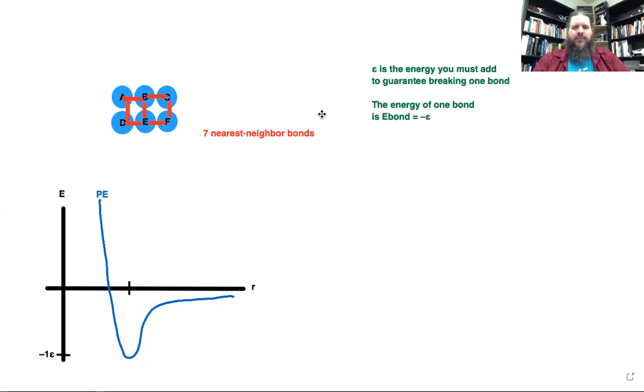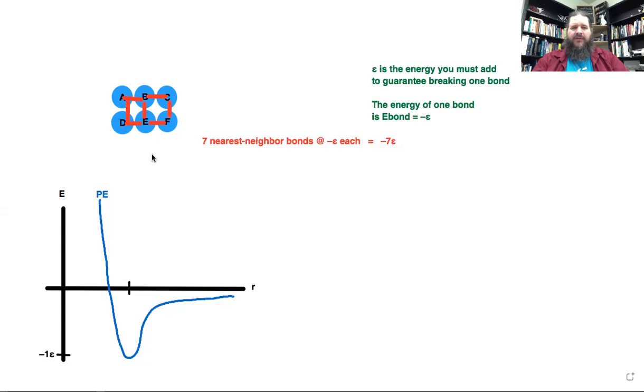Each one of those has an energy of negative epsilon, and we've got 7 copies of it. So what's the bond energy of all 7 of those bonds? Yeah, negative 7 epsilon would be the energy of all those nearest neighbor bonds.